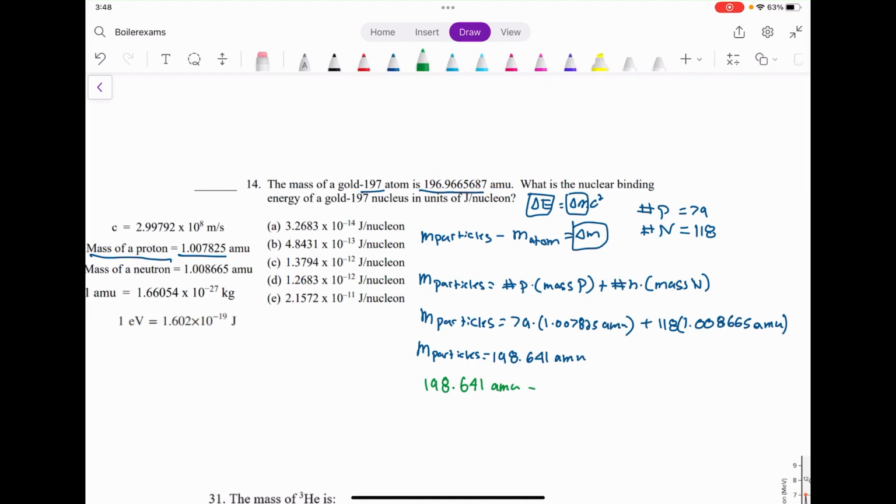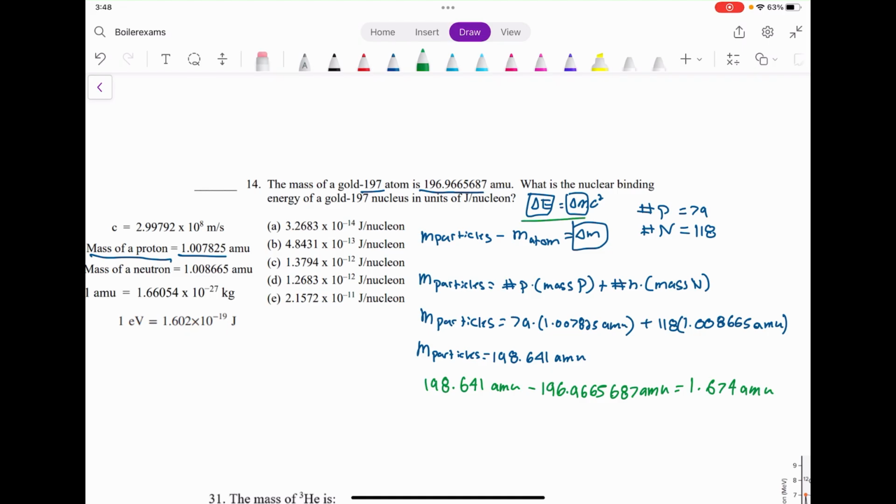And they tell us that the mass of a gold-197 atom in the problem is 196.966. Wow, that's a lot of decimals. AMU. So then if we subtract those two numbers, we're going to get 1.674 AMU. Okay, so now we have the delta M.